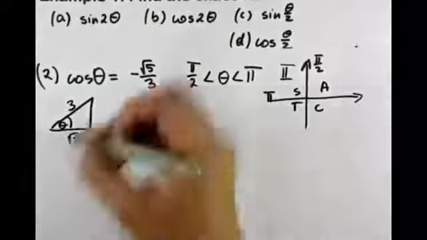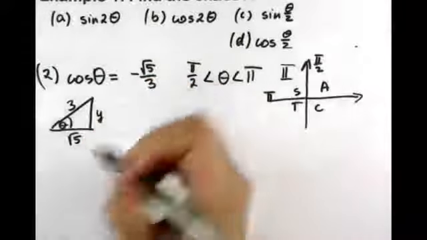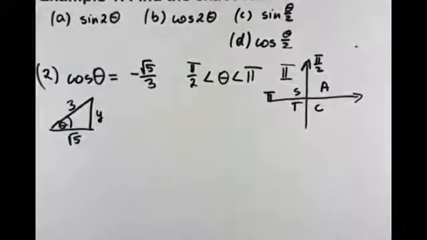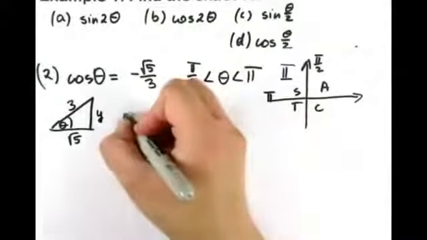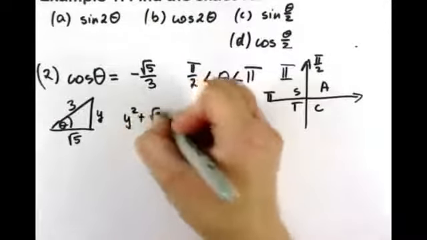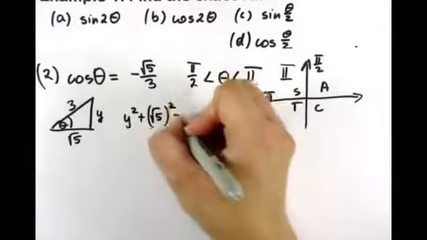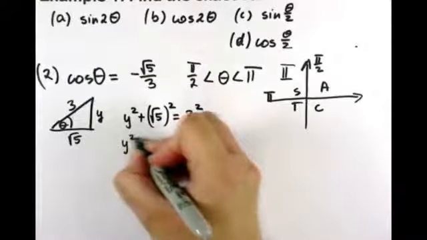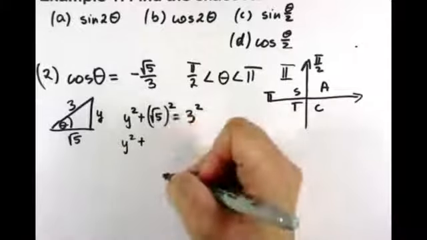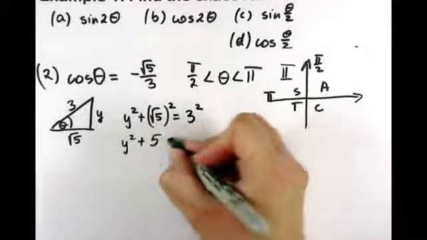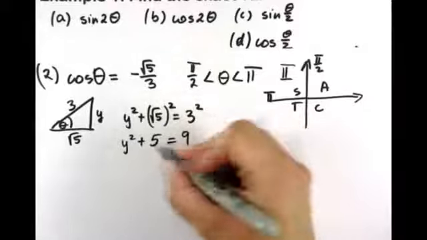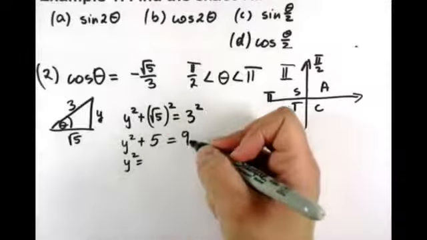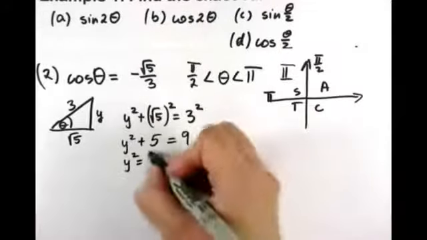Okay, so then I would put that this is my y, and using the Pythagorean theorem we have y squared plus root 5 squared is equal to 3 squared. So the square root and square cancel out: 5 is equal to 9. Bring this over, so y squared is equal to 9 minus 5, which gives me 4.